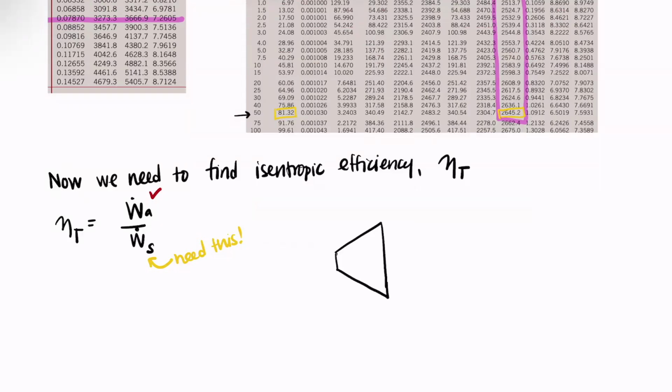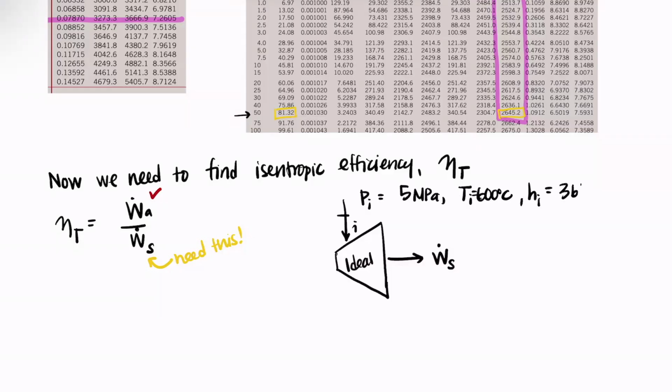So we have our ideal turbine where we have an output ideal power, W dot S, and the inlet is the same. We still have our 5 megapascal, 600 degrees C inlet conditions, and HI is 3666.9, just like before.